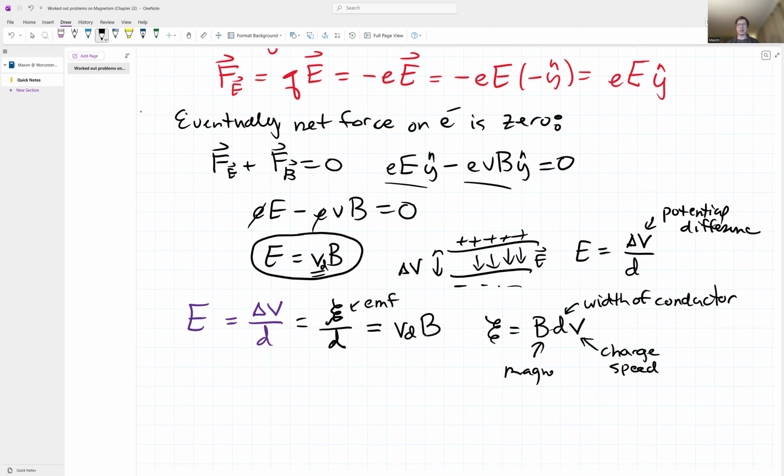And that's the magnetic field magnitude. And this formula is basically used to figure out, so you would typically measure the EMF. And if you know the magnetic field and you know the width of the conductor, you can figure out the charge speed, which is usually what this is used for.